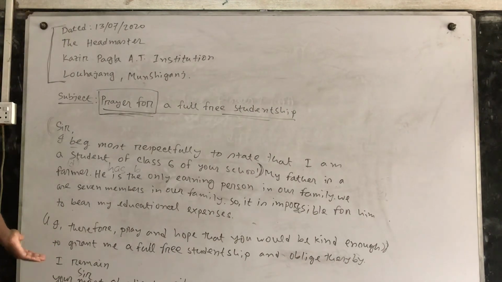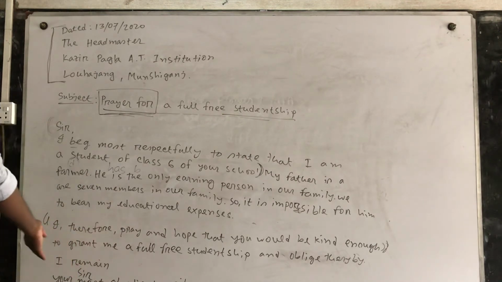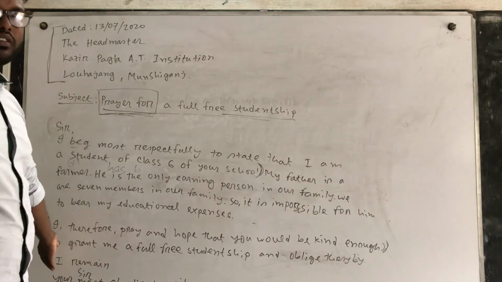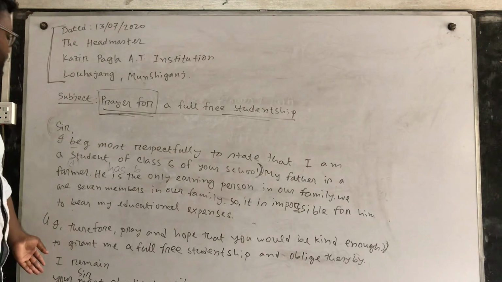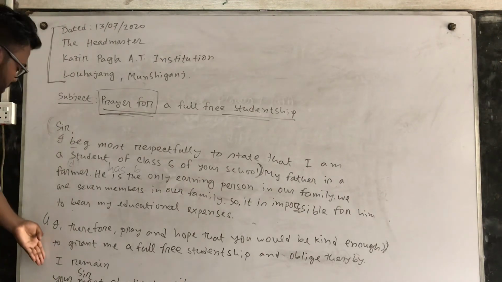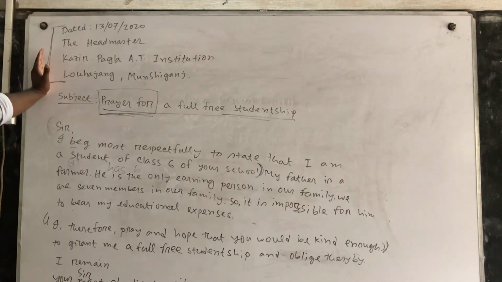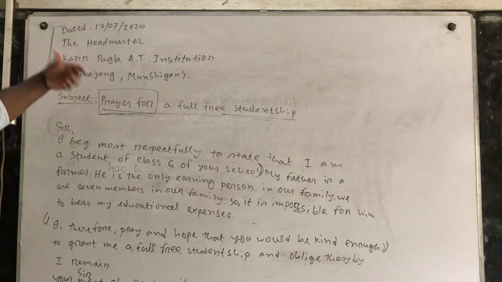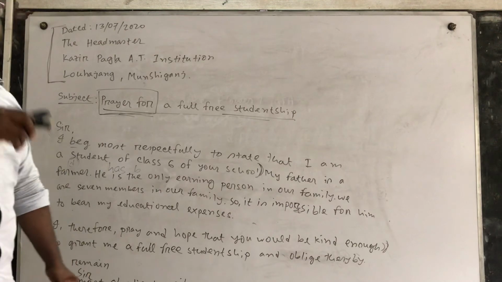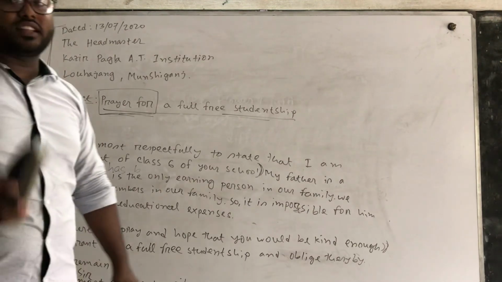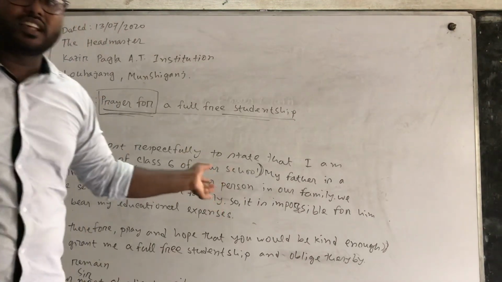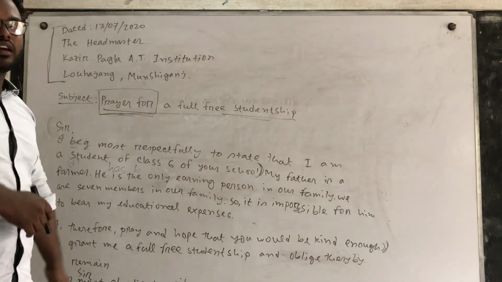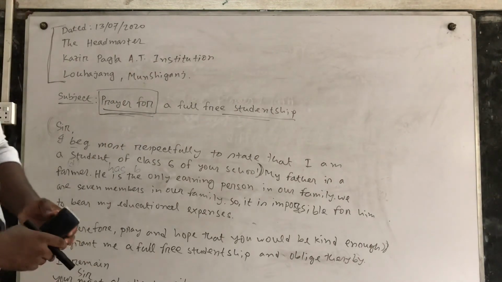Finally, you will give your identification, your introduction, or your address. So this is the shortest and easiest technique of writing an application, and an application is a must for you in each class, starting from class 6 and going on even to the post-graduation level.